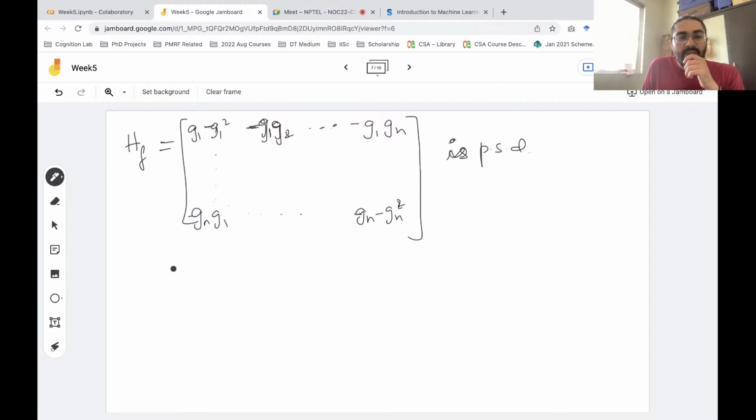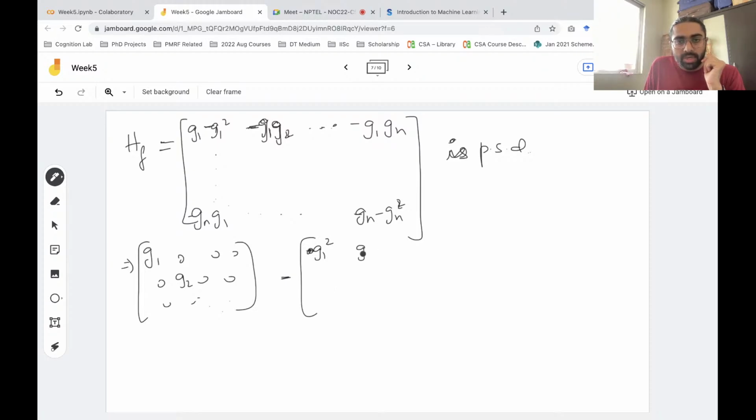This actually will come down to, I can write this as a diagonal matrix of g1, g2, and so on, minus the matrix with g1 squared, g1 g2, up till g1 gn, again g1 gn, and gn squared, right?